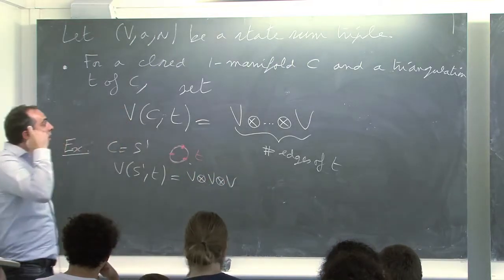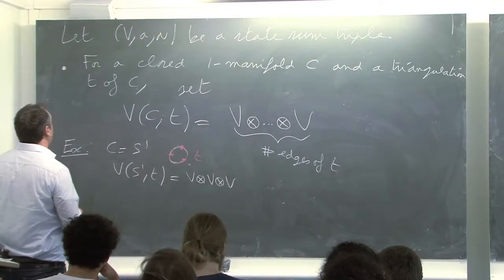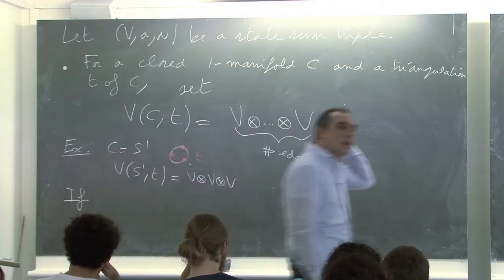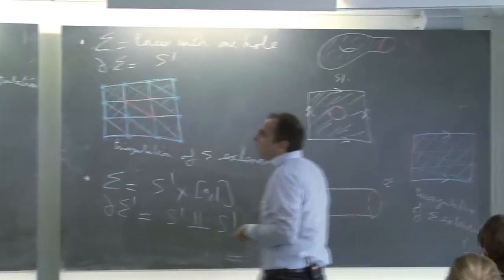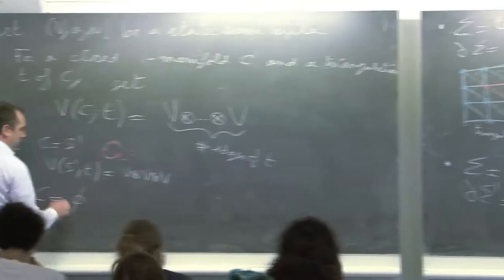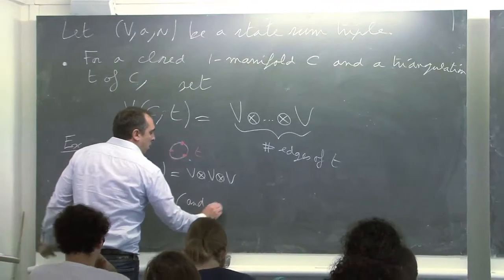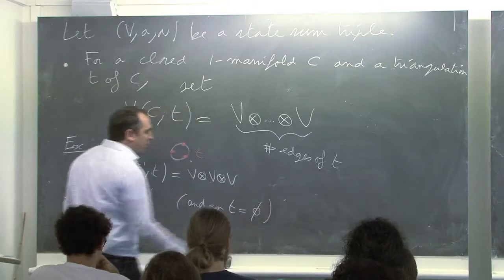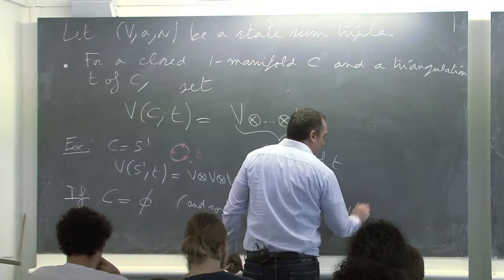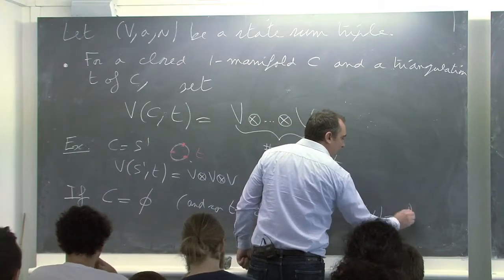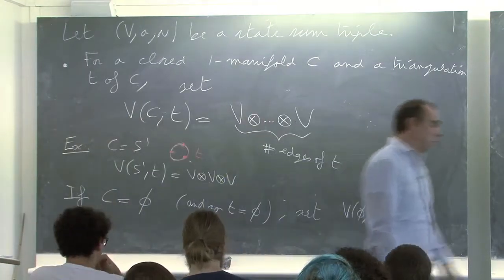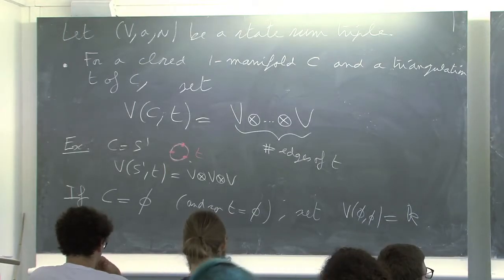It's quite clear. And what you can set: I will consider the empty set as a one manifold. And so if C is empty, in this case the triangulation is also empty. So set V of empty, empty to be just the ground field K. The tensor product of 0 vector spaces is the ground field.